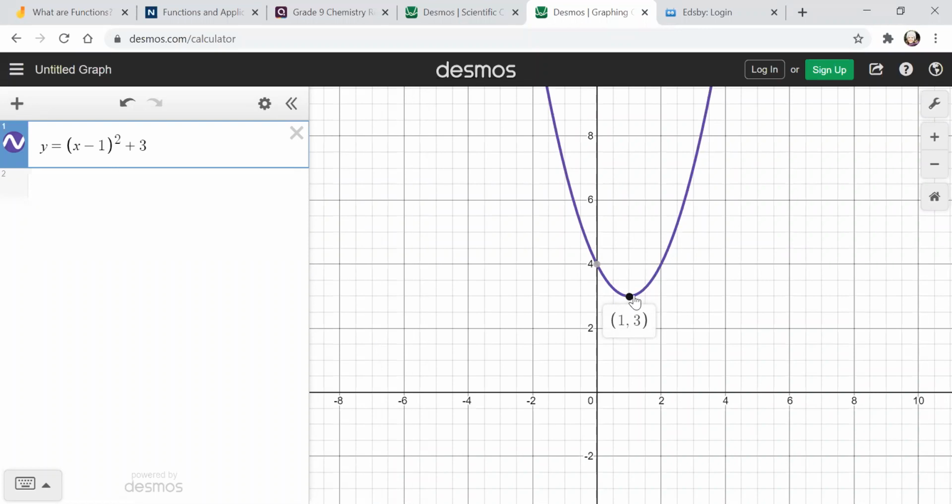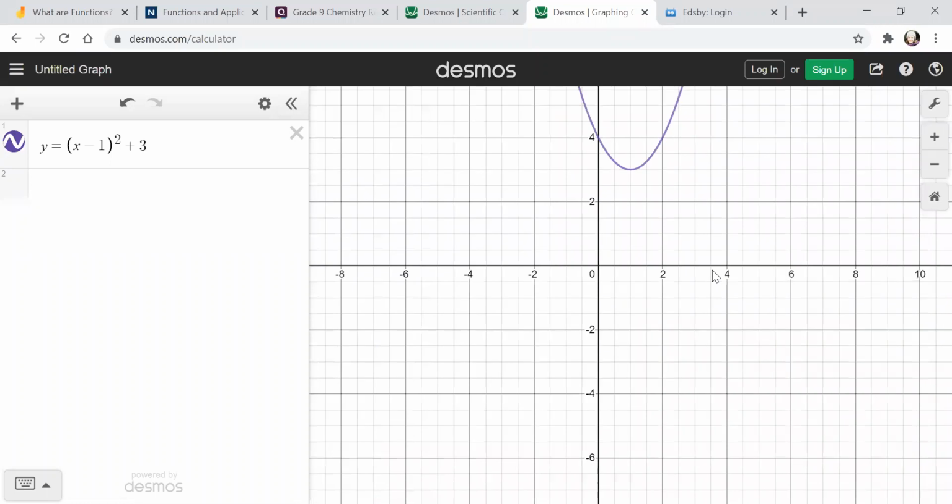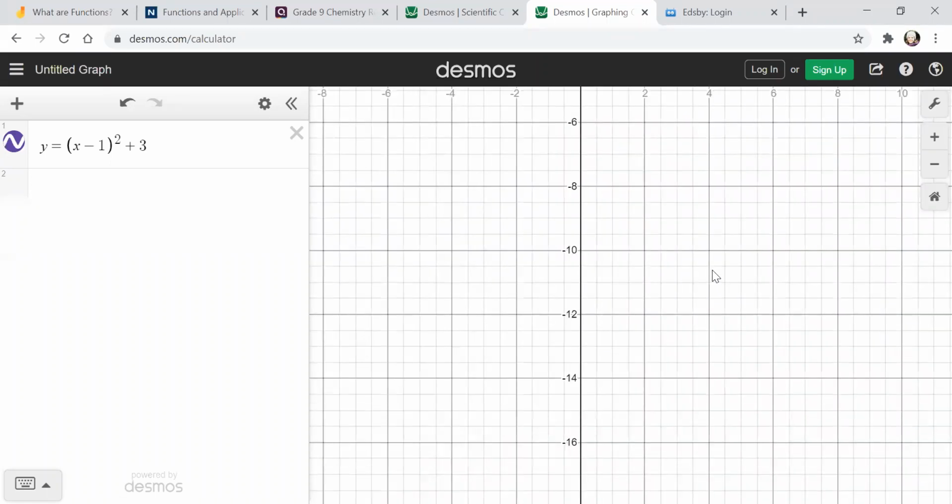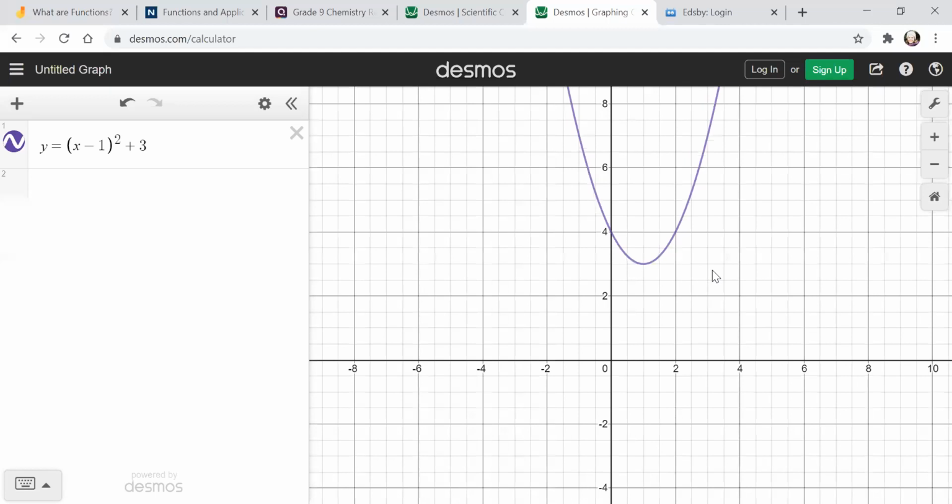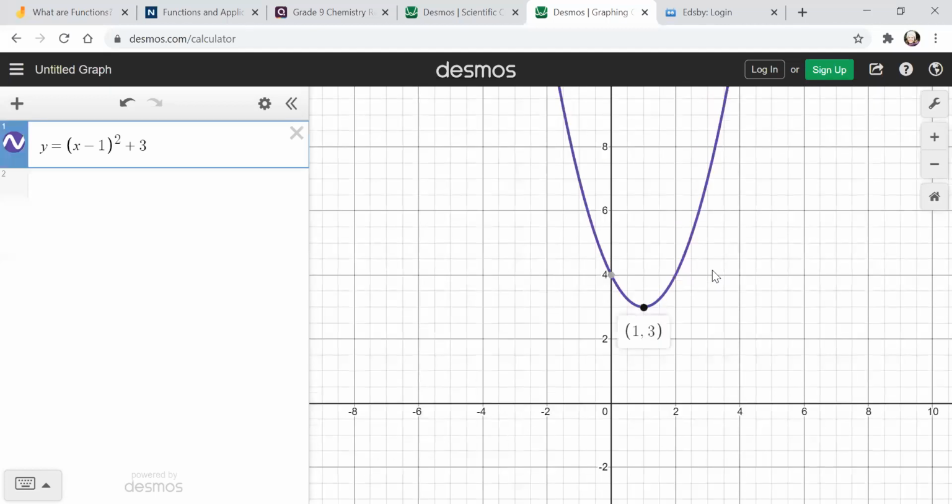What do you think, where on this graph does the parabola not exist? If I go this way, does the parabola exist down here? When it crosses the x-axis? Yeah, good.